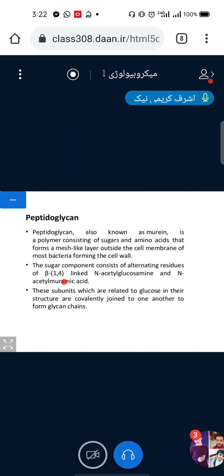These subunits, which are related to glucose in their structure, are covalently joined to one another to form glycan chains.